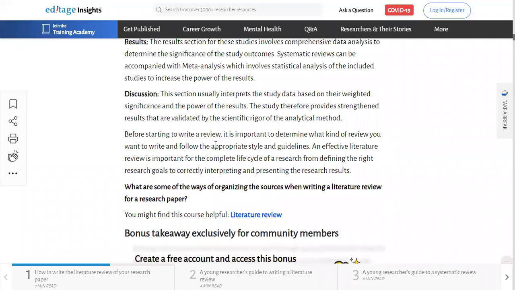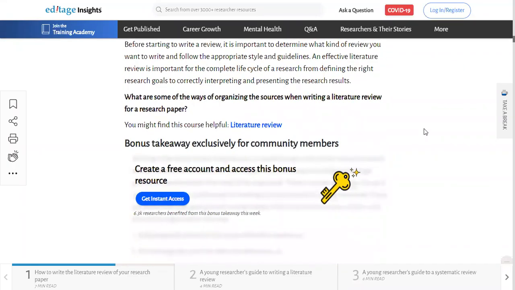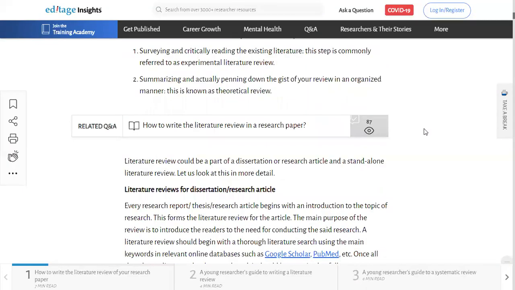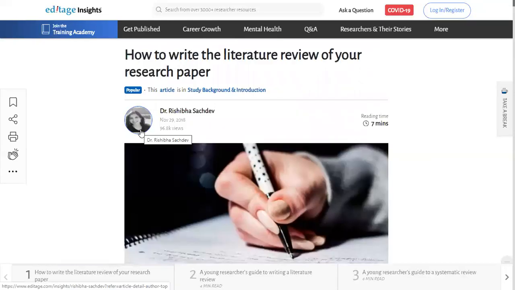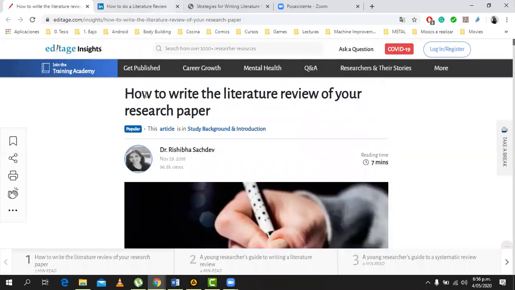But in the end, what you're going to do is to try to create an interaction and a discussion, as it says right here, right? A discussion about all of those studies, as I showed you last time in my project. So this is going to be one idea related to the literature review.